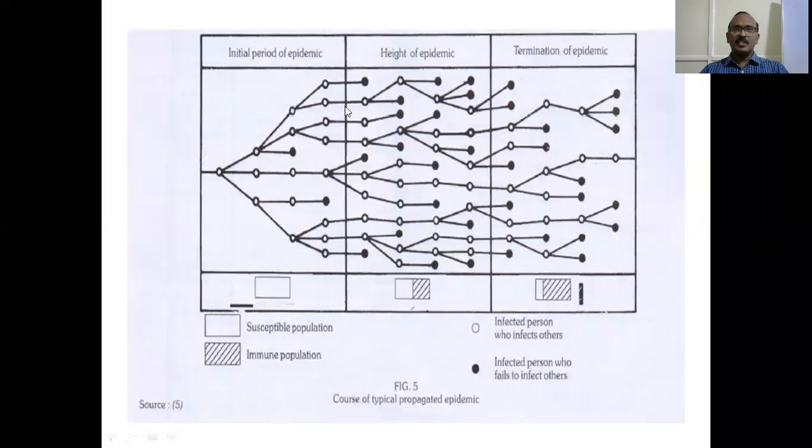So each person tends to infect others, and at the height of the epidemic we find more people infected, and at the termination we find more people becoming immune. The dark circles are, in fact, people who are infected and have become immune, so they are not going to infect other people. This is a typical example of how the course of a propagated epidemic looks.